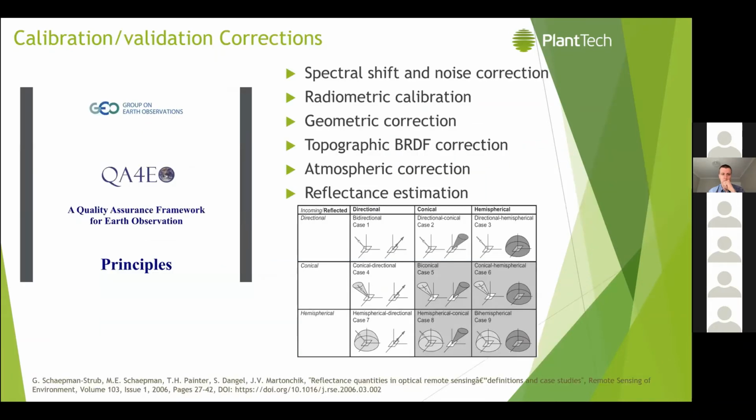The problem is, as compared to field spectroscopy and other spectroscopy instruments, dealing with and analyzing airborne imaging spectroscopy data is very, very challenging, because we are completely working under field conditions. We don't know what kind of information is being collected.